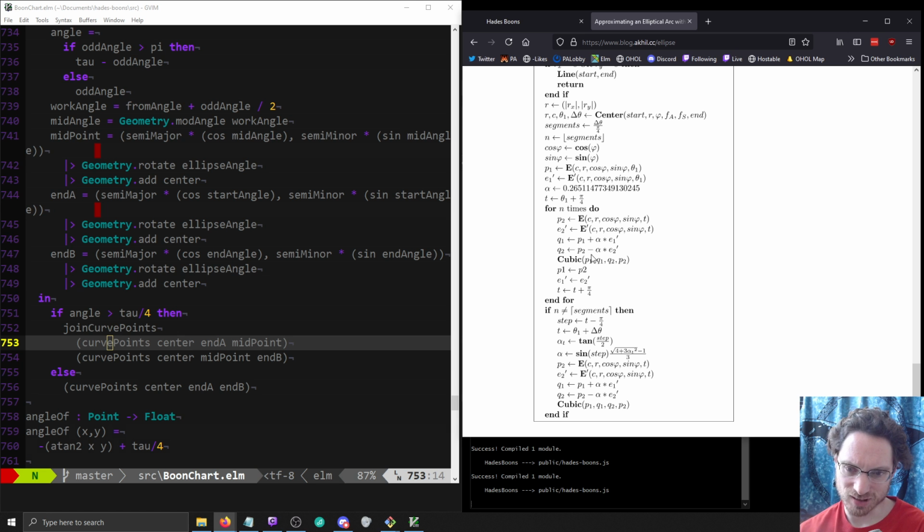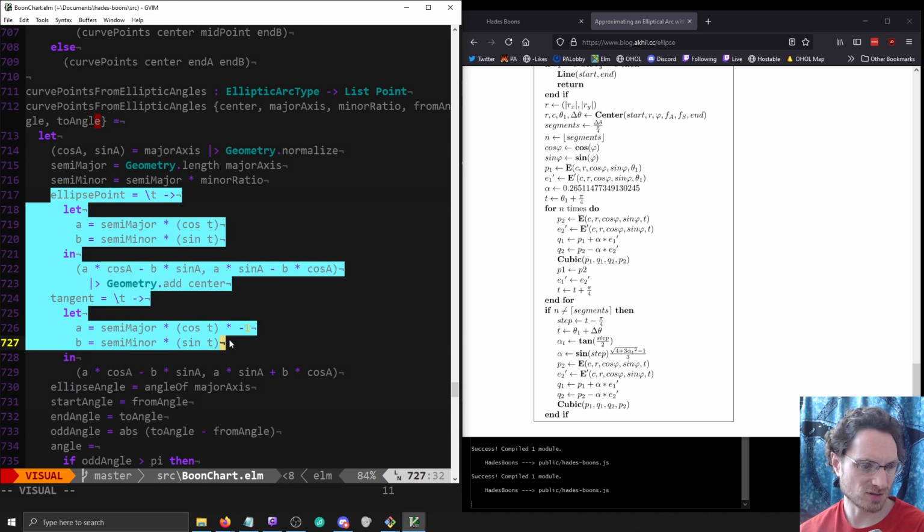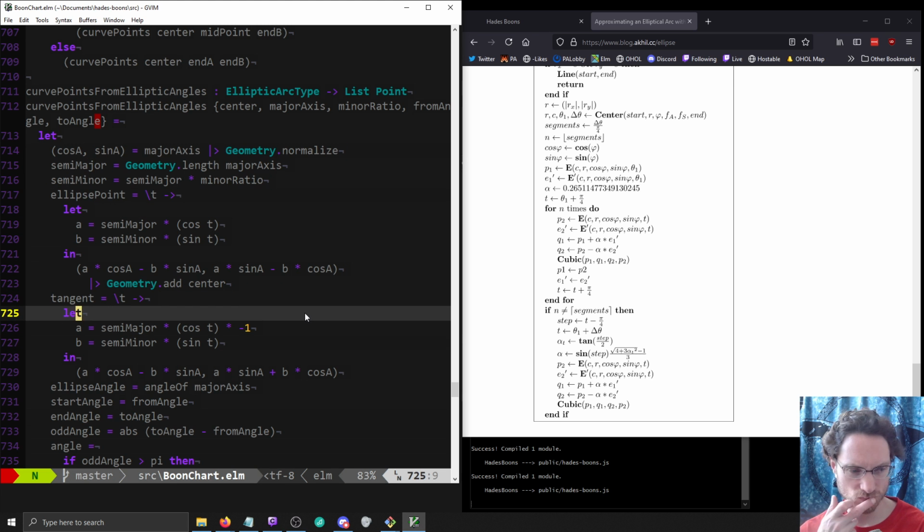But this part uses this stuff, which is currently relying on derivative parameters. Well, how much are you relying on?